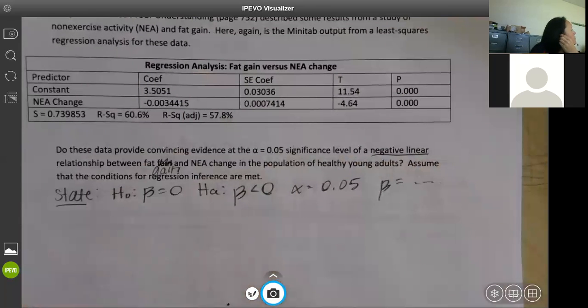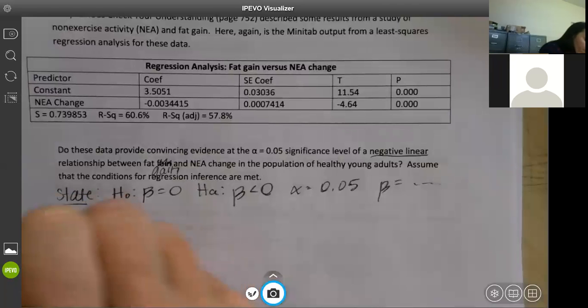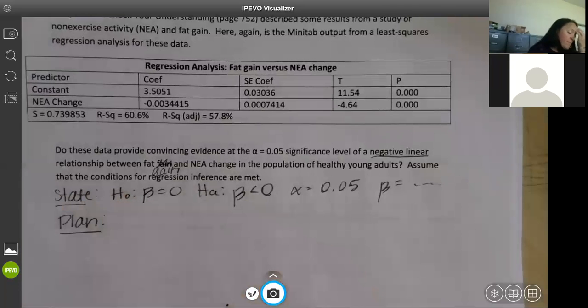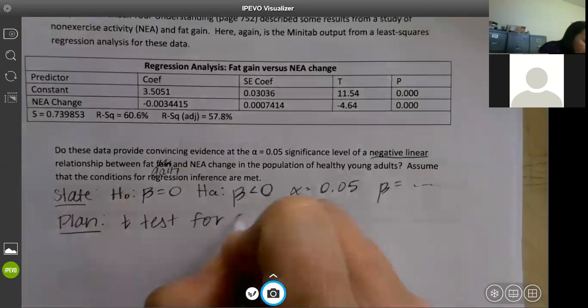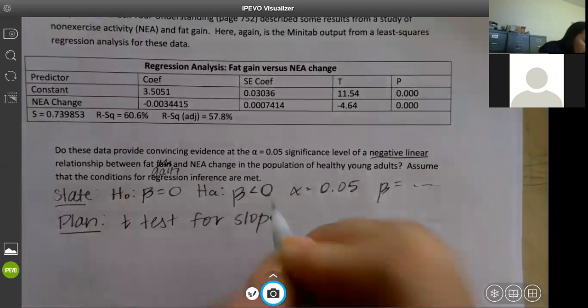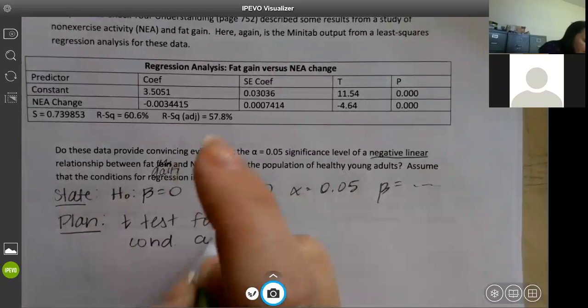It is the slope of the true population regression line relating, blah, blah, blah. Okay. We are going to do a t-test for slope. And conditions are met, so we can move on.